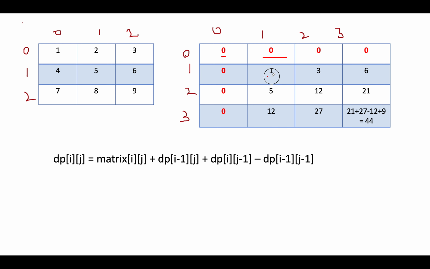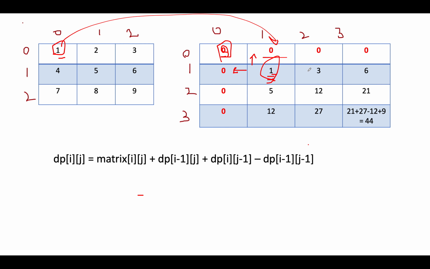Let's fill in the remaining values in the prefix sum or dp matrix. The value at the 0th row and 0th column in the matrix is 1. So 1 plus the top value which is 0, the left value which is 0, and subtracting the diagonal value which is 0. So 1 plus 0 minus 0 is 1 itself, so we get 1 here.